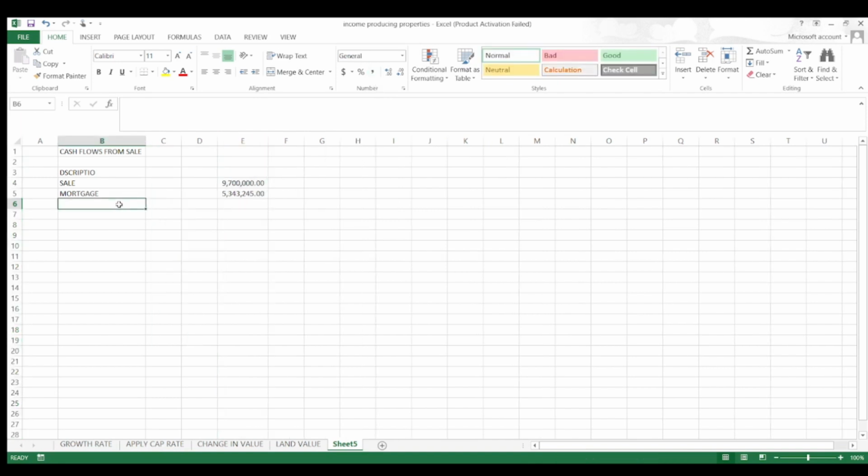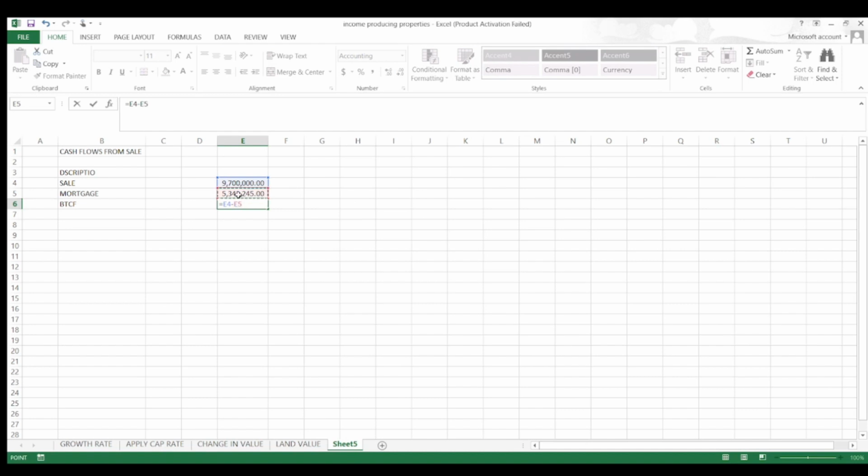So with this information, we can get a before-tax cash flow from our sale, which will simply be the sale less the mortgage.